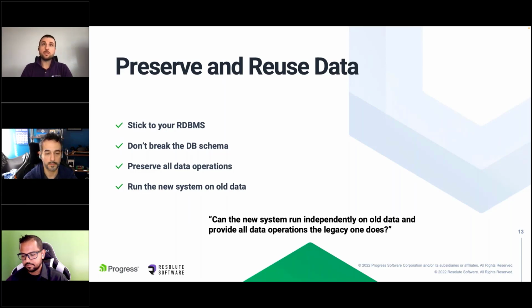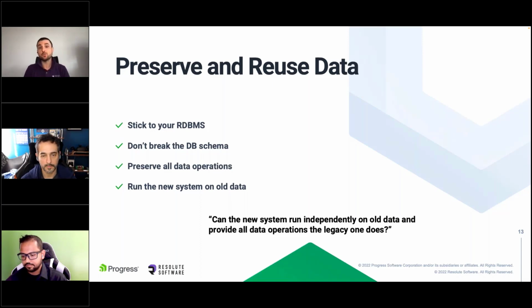Data preservation is the basic philosophy of sticking to your current relational database management system and database schema. If you can evolve your new system around your old data, you have achieved data preservation, which is the basic tenet of your table stake requirements. You don't want to break the data consistency.